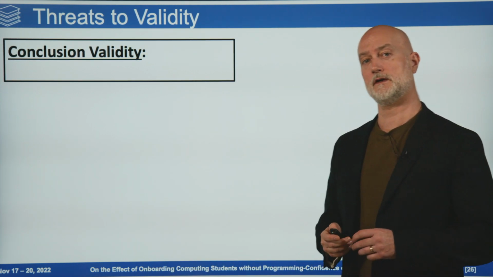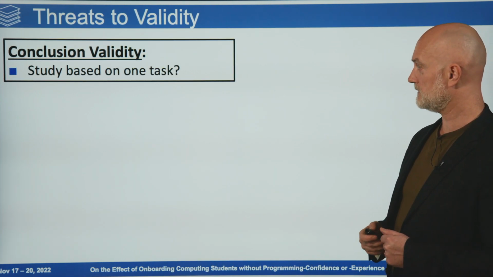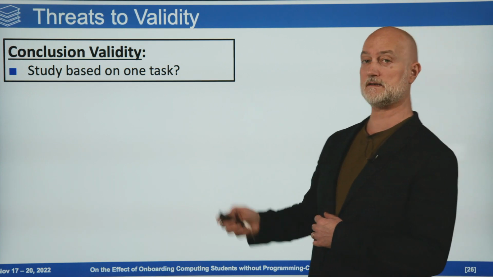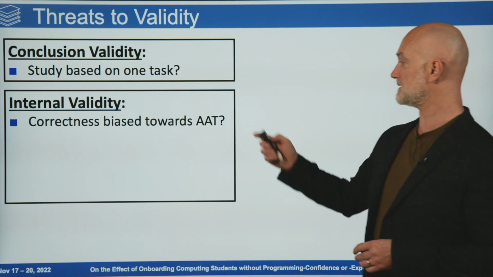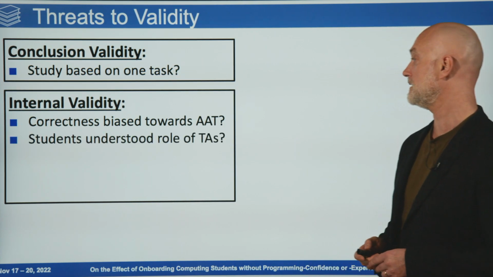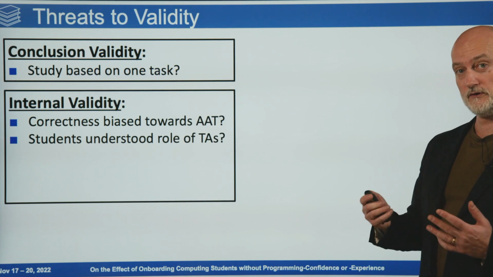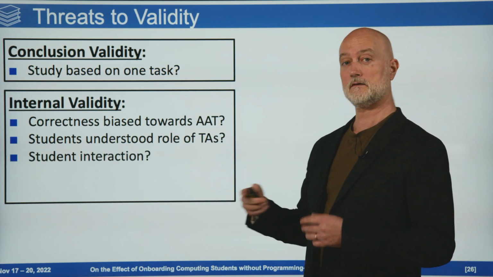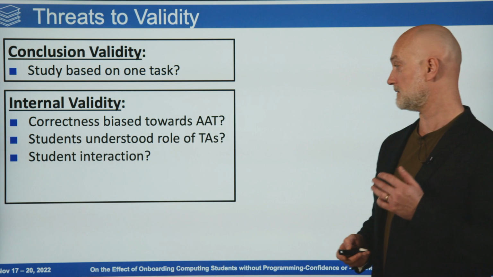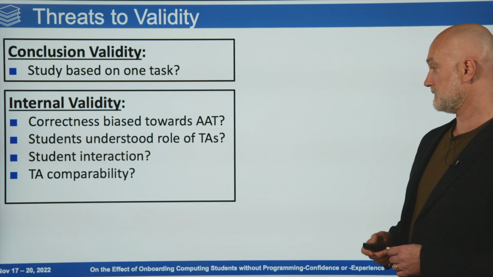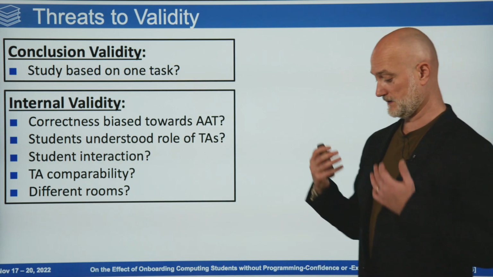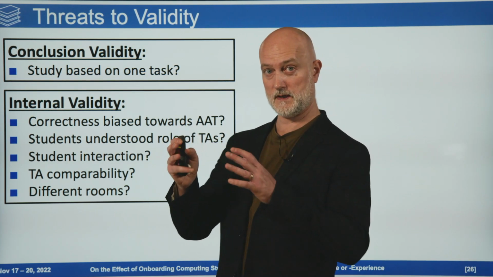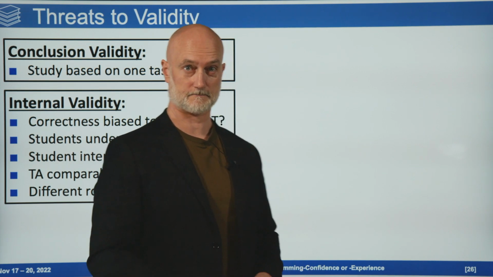For the threats to validity, in the paper we consider conclusion validity, so the fact that the study is based on only one task; internal validity, including correctness, whether it's biased towards automated assessment, whether the students understood the role of the TAs, whether the students interacted, which we asked them not to, the comparability of the TAs, and whether there were any differences attributable to the experiment taking place in 3 different rooms.